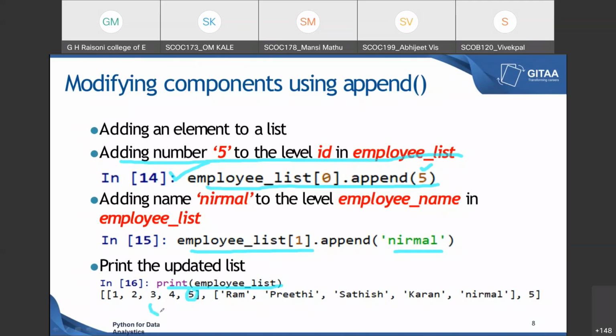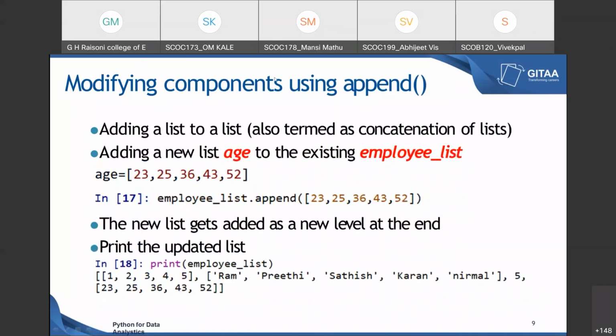Employee ID is index value 0, then index value 1 is employee name, where we have replaced John by Karan. And then lastly, Nirmal is going to be added as the 5th element, and this 5 is the 5th record of the total number of employees. Like this, we can add elements to the list.